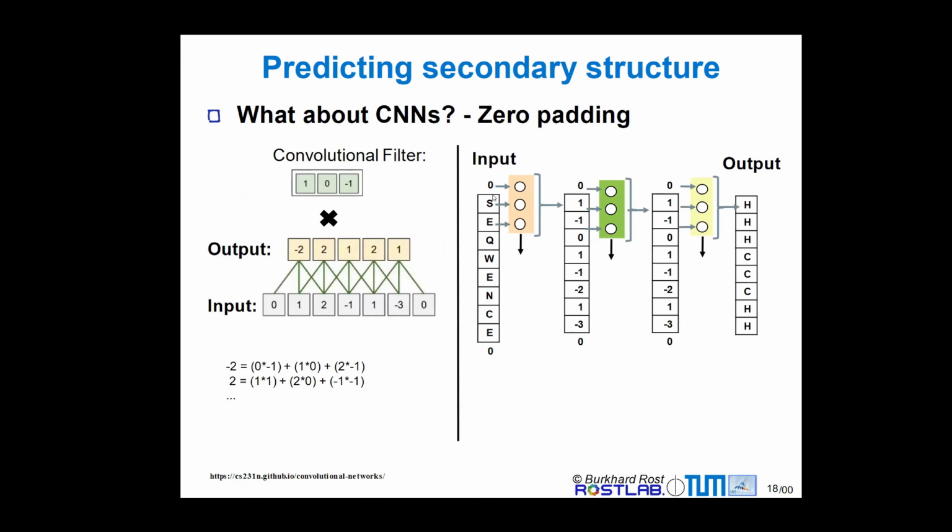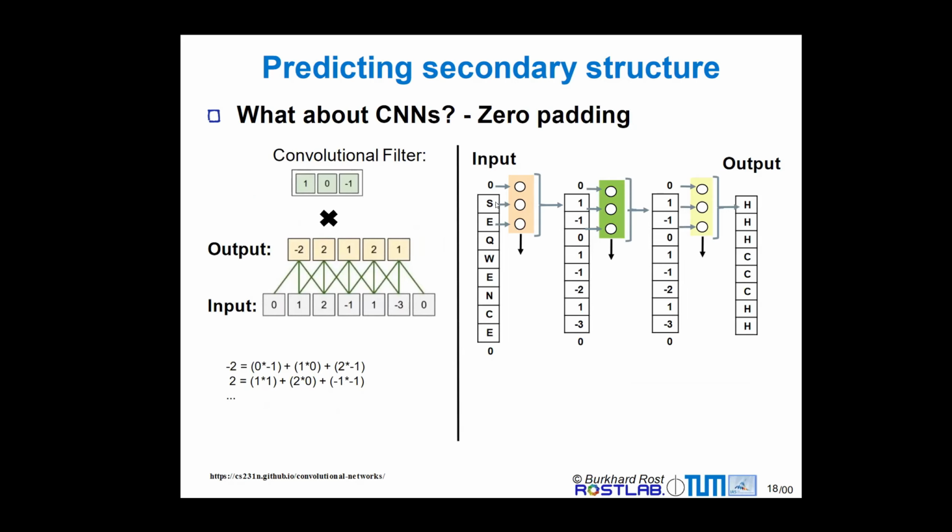And as Matthias already mentioned, the common way to do this is to add artificial zeros at the start and at the end. So for a window size of 3, you add one zero at the start and one at the end. Then the first residue takes the zero into account, and you already produce an output for the S. So you do not lose any residues at the start or at the end.